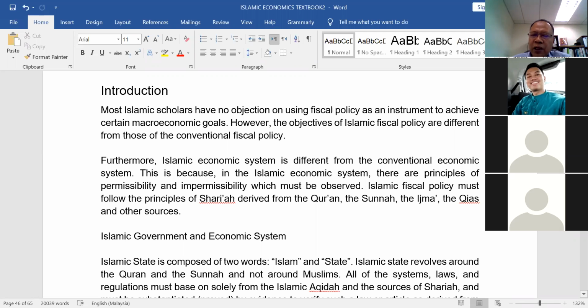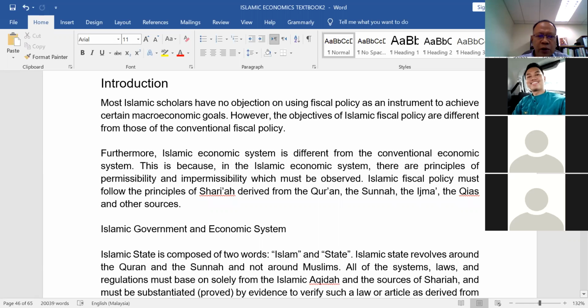We want to achieve the falah, the success in this world and the success in the hereafter. So in Islamic fiscal policy, we must follow the principles of Sharia. Kena ikut prinsip-prinsip Syariah. Prinsip Syariah tu datang daripada mana? Daripada Quran, daripada hadis, daripada ijma, qiyas dan sumber-sumber yang lain.